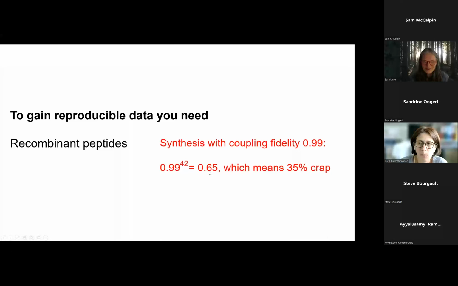So the fraction of correct peptide is 0.65, and the fraction incorrect is 0.35. So you have 35% crap after this synthesis. And all this crap is 41 different A beta 41. So you can have miscouplings, you can have 1,700 different A beta 40s in this. So there are lots of peptides that are very similar in chemical properties. So they may actually be difficult to purify away from the one you want.